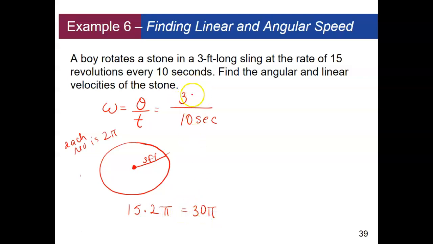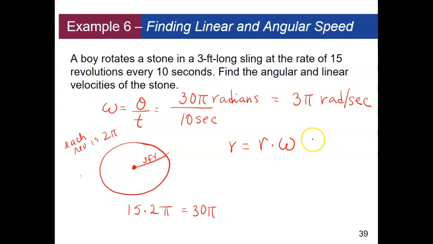So here, my angular speed is 30 pi divided by 10. This is in terms of radians. So that's going to be 3 pi radians per second. That's my angular speed. My linear velocity is going to be the radius times that angular speed.